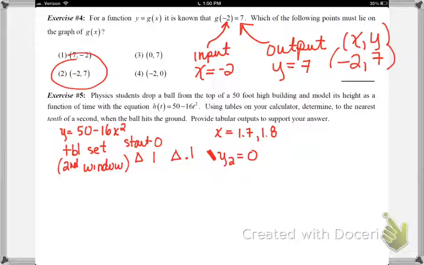Okay? And then we're going to press second, trace, and then we're going to enter number 5 again, because we're looking for our point of intersection.